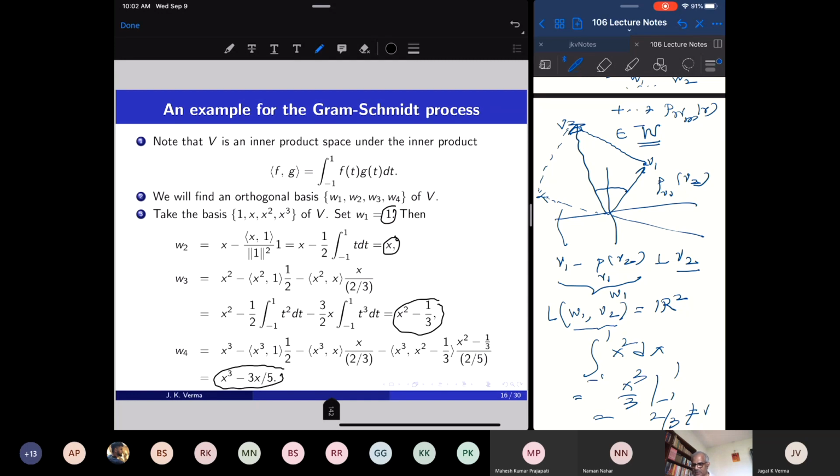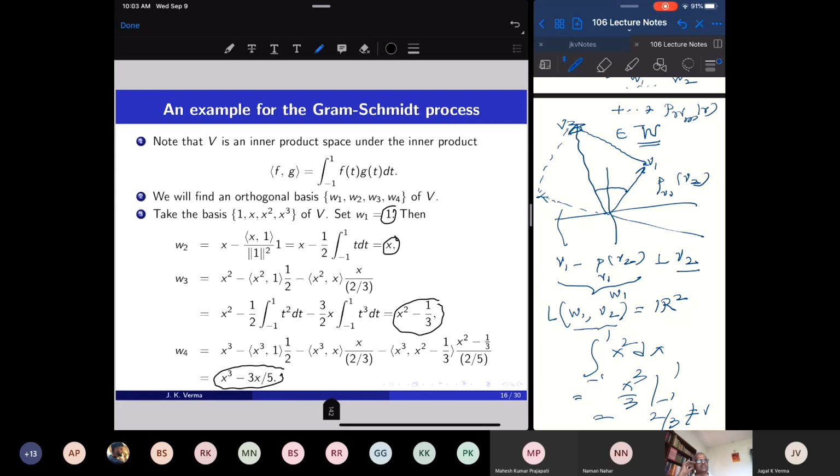Okay, so we did this for polynomials of degree at most 3, but this process can be continued. You can take a vector space of polynomials of degree n defined on a closed bounded interval. Then this forms an inner product space, and out of this basis of n plus 1 polynomials, 1, x, x square, up to x^n, we can construct a new set of polynomials which are mutually perpendicular.